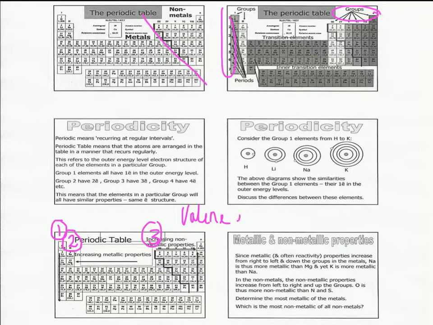Valence electrons are all the outer electrons. Therefore, it goes 4, 5, 6, 7, and 8.